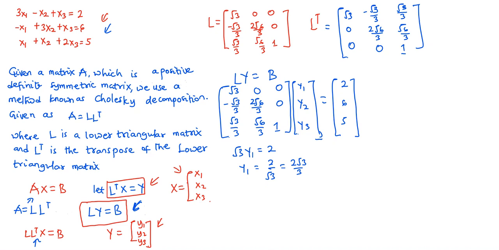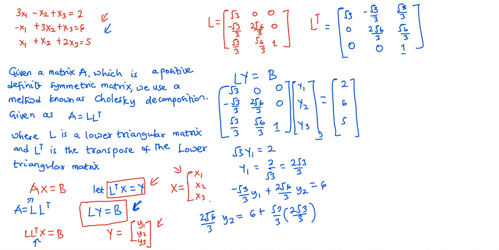So let's find y2. For y2, you have minus root 3 on 3 multiplying y1, plus 2 root 6 on 3 multiplying y2, and this should be equal to 6. Now let's solve for y2. 2 root 6 divided by 3, multiplying y2, will equal 6 plus root 3 on 3 multiplying y1, which is 2 root 3 on 3.